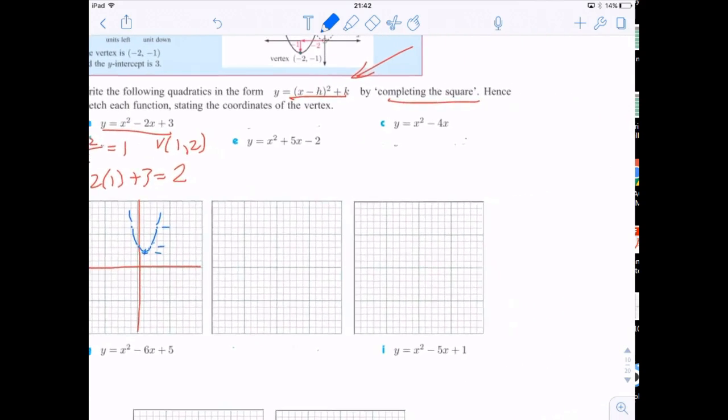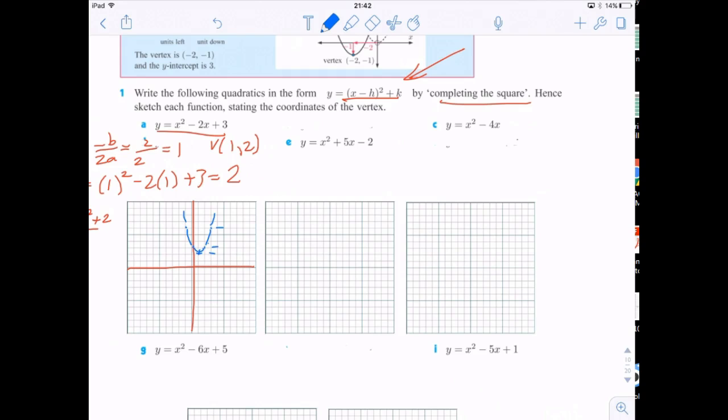Let's do C. C has b of negative 4, a of 1, and c of 0. So let's find the x-coordinate of the vertex. x equals negative b, which is negative minus 4, so it's positive 4, divided by 2a. So x equals 2.